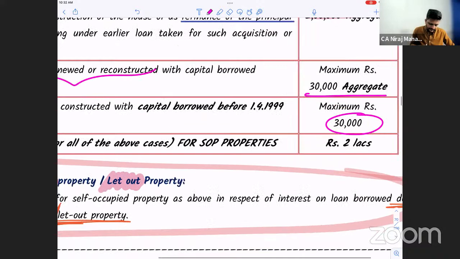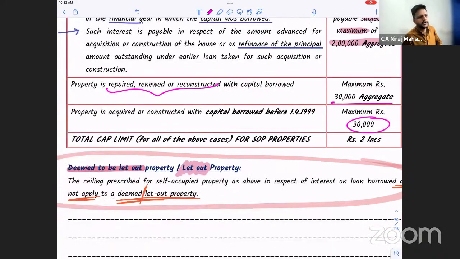And lastly, look at the last line. What are they saying? The total cap limit is the upper limit for all the above cases. For SOP properties, since SOP can be maximum 2, it is rupees 2 lakhs.